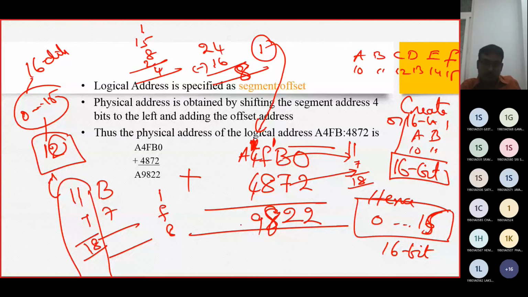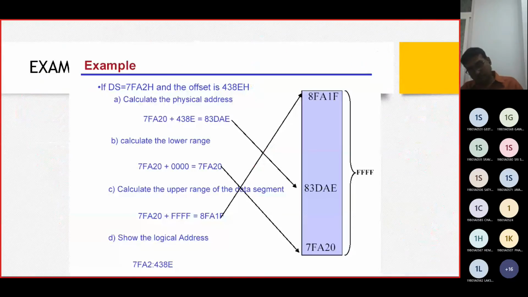So we get this value, A9822. This is how we are computing 20-bit physical addresses with the offset, that is displacement, and the starting address of the segment.